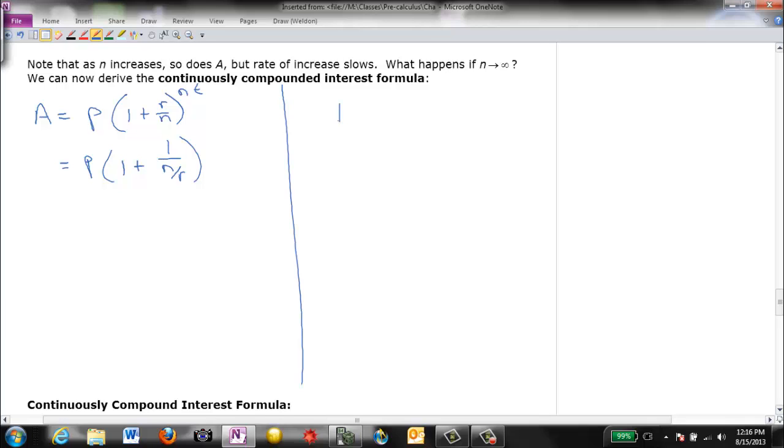If you recall, 1 over (n over r) is the same thing as saying 1 divided by n over r. And if you remember how to divide fractions, that's the same thing as saying 1 times r over n, which is equal to r over n in the first place. So he's just playing around with this formula and seeing how he can change things.